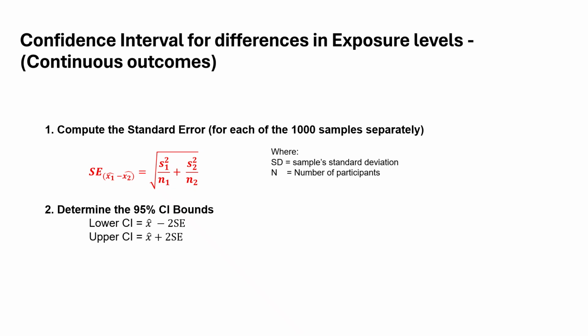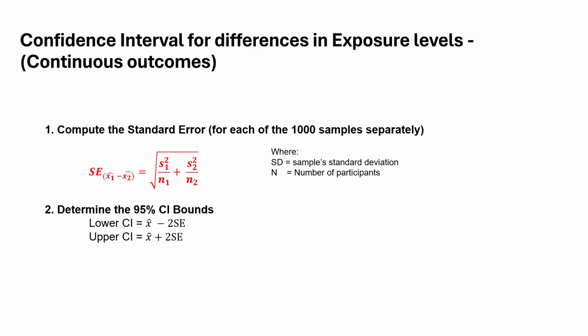For example, we might be comparing the systolic blood pressure difference between males and females, and in that case we calculate the standard error based on the standard deviation of males divided by the number of males in that sample, and the standard deviation of females divided by the number of females in that sample. And then once we have calculated the standard errors, the rest is business as usual.